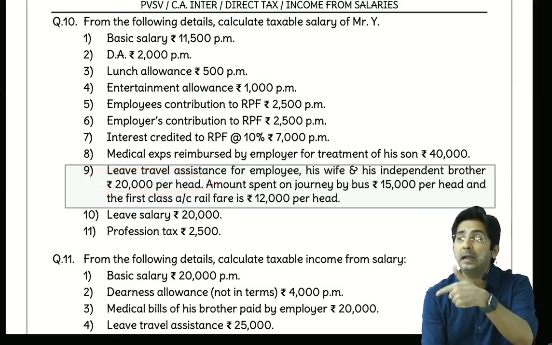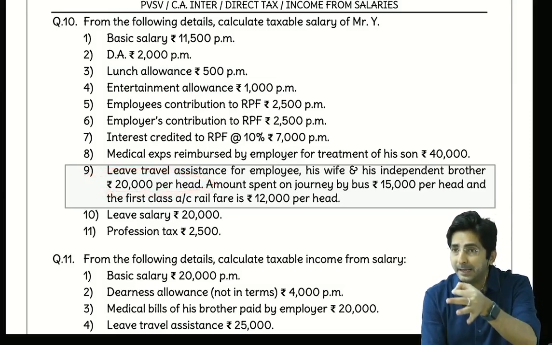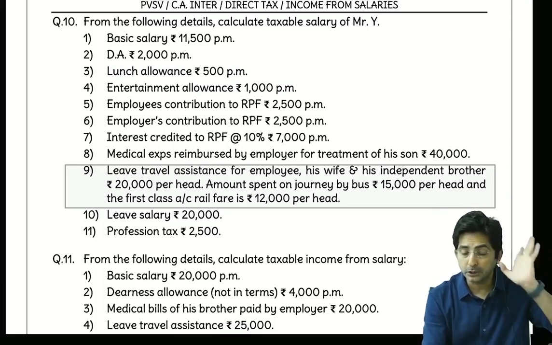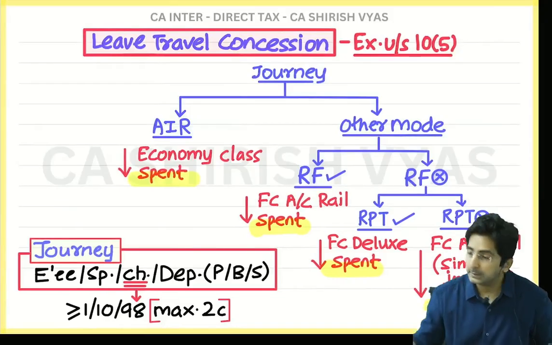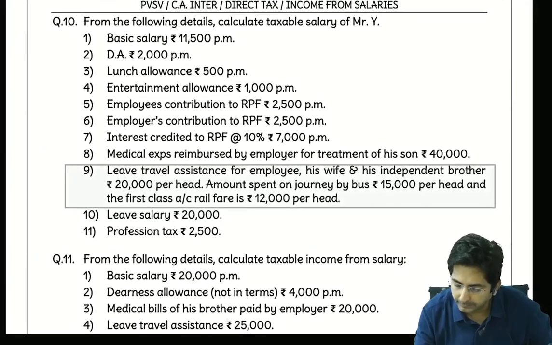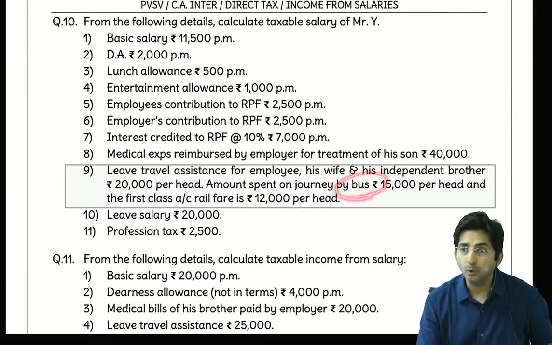Now what will you write? Less: exempt under section 10(5). Now use the chart. Check. Is the journey by air or other mode? How do I know? See, I have read. Journey is by bus. Now don't go into the bus.